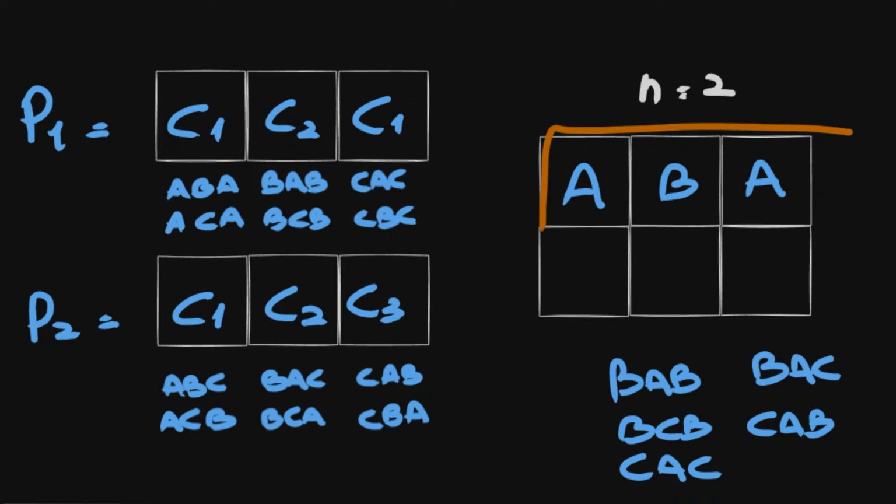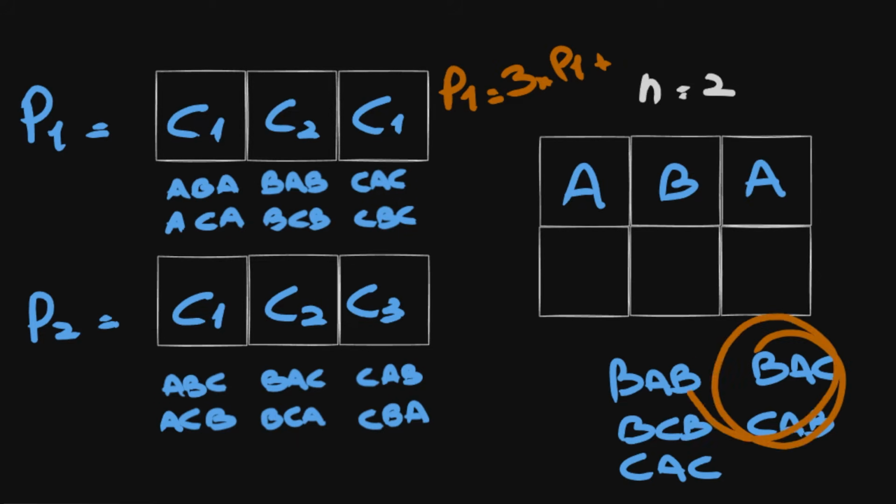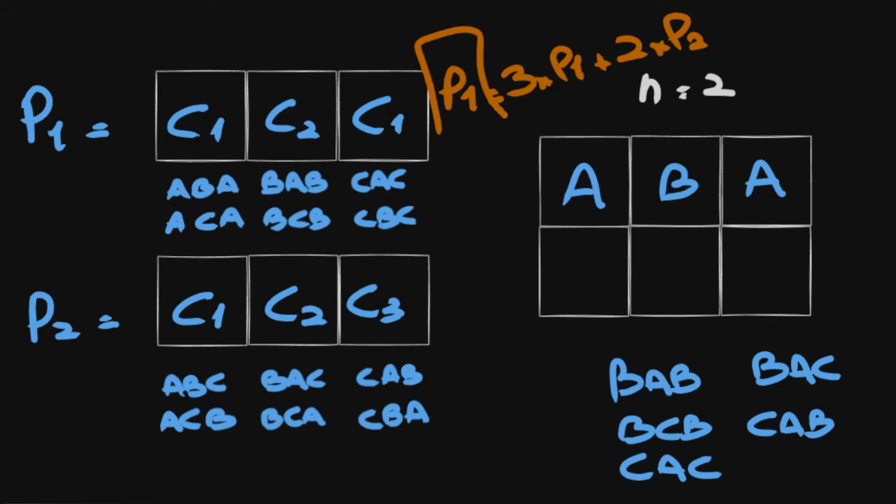So when we start with the combination from pattern number 1 and we are trying to fill the next row, we can take 3 combinations from pattern number 1, 3 times P1, plus 2 combinations from pattern number 2, 2 times P2. And this is the formula to fill the next row.